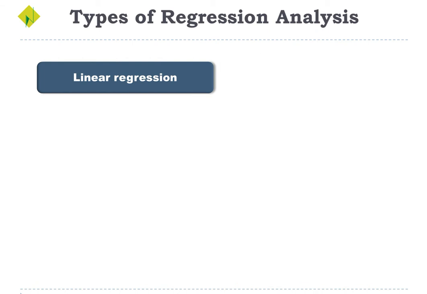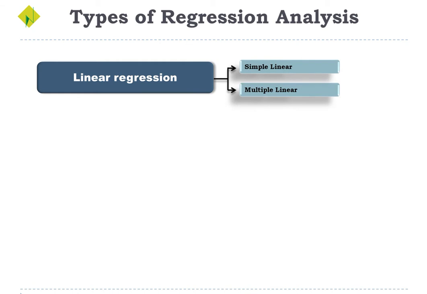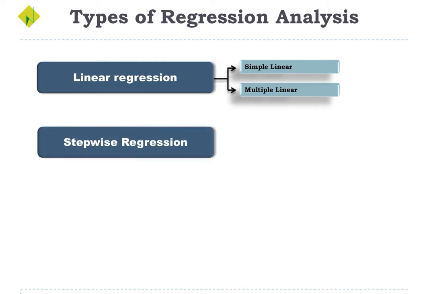Now let us discuss the different types of regression analysis. We have linear regression. Within linear we have two types: one is simple linear and another is multiple linear regression. Simple linear means one independent variable and one dependent variable, and multiple linear means one dependent variable and more than one independent variable.